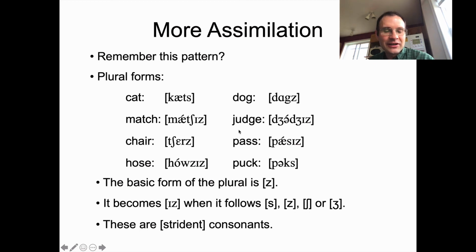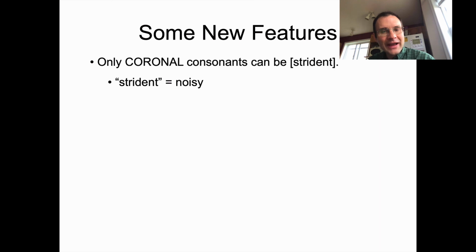And you can see that easily in the phonology because it's inducing this change where we get -iz here rather than s or z by itself. Okay, like I said, this is a type of coronal consonant, or only coronal consonants can be strident, and the strident part of that means that they're noisy. Interdental fricatives are also coronals, but they're not strident, so that's one distinction you can make there.